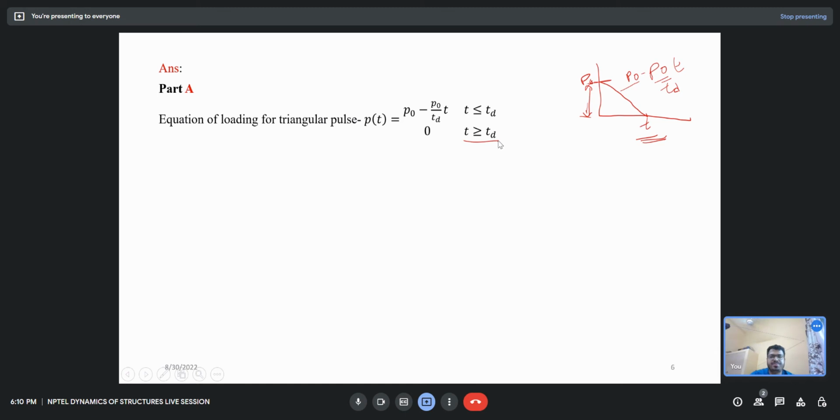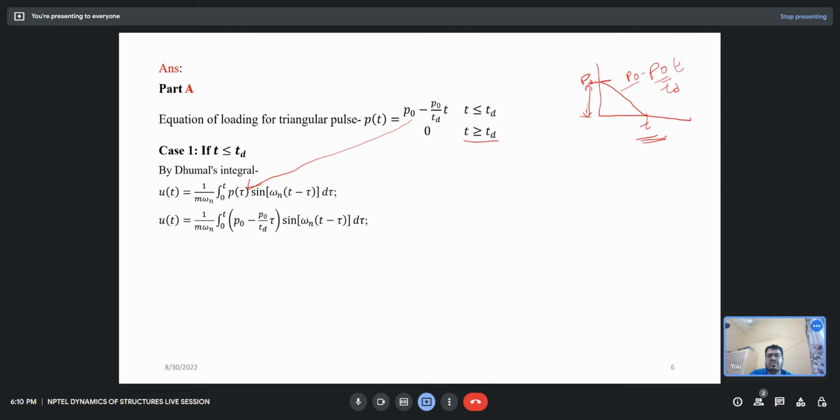Okay. First case, if t is less than td, what is your Duhamel integral? u(t) = 1 over m omega_n times the integral from 0 to t of p(tau) sine omega_n (t minus tau). Simply for the first case, put your p(t) value here in the p(tau). Then the equation becomes p naught minus p naught by td into tau in place of p(tau).